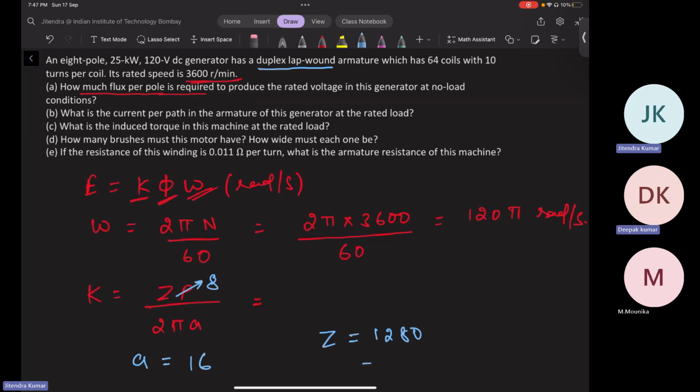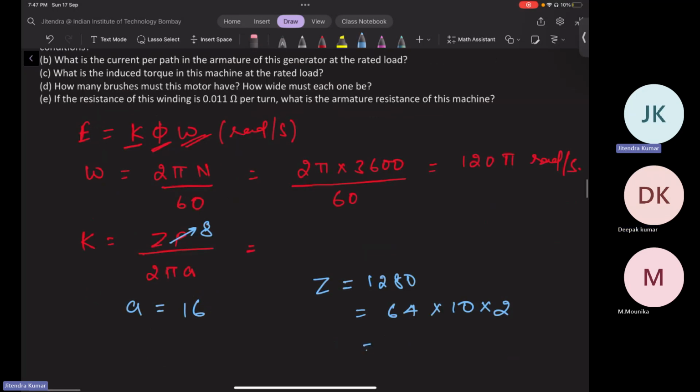So basically it is 64 coils into 10 turns per coil, and since it is a duplex winding, we have to multiply it with 2. So it will be equal to 1280. You are correct. So we are done with Z.